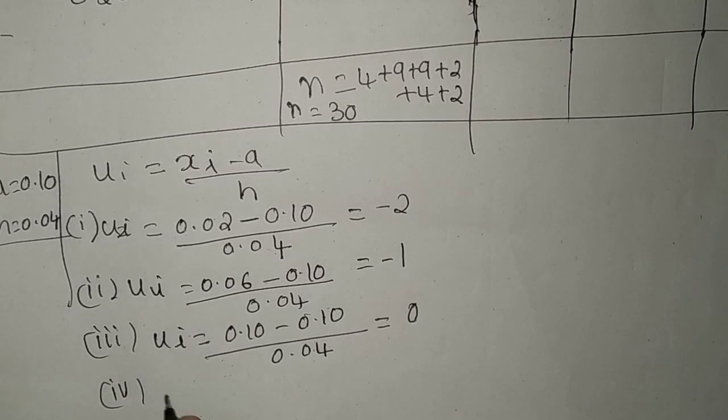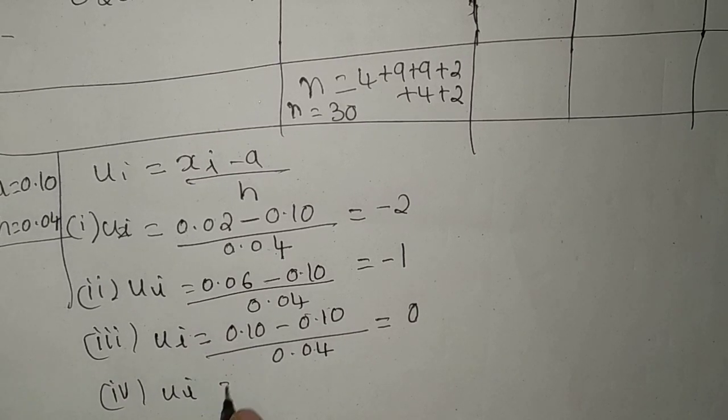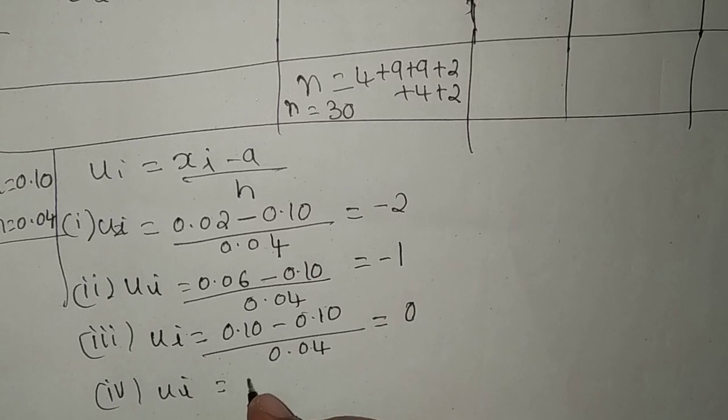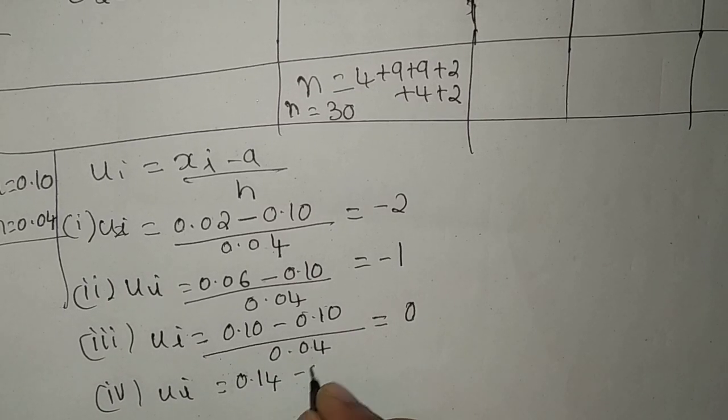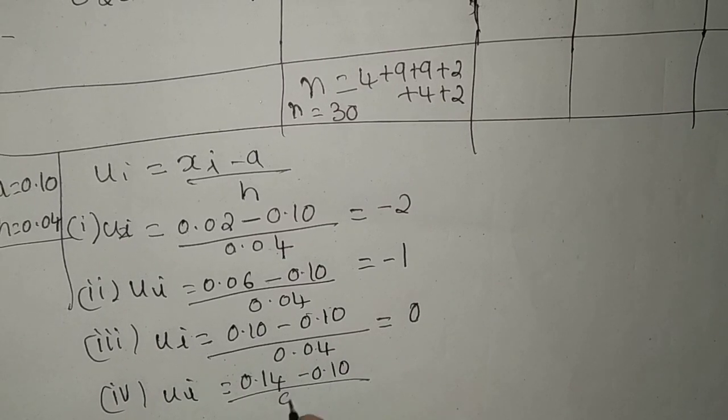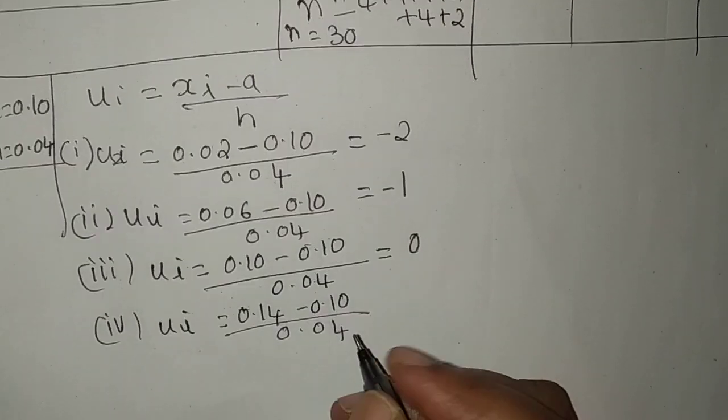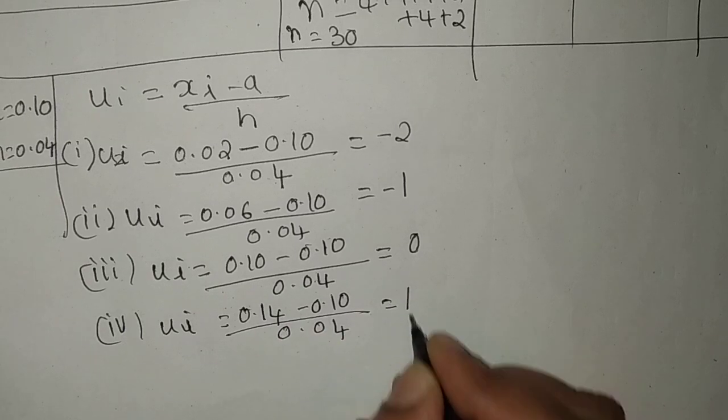Fourth set, 0.14 minus 0.10 by 0.04, which is equal to 1.